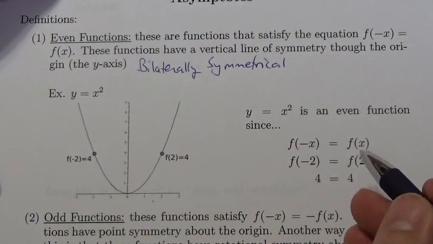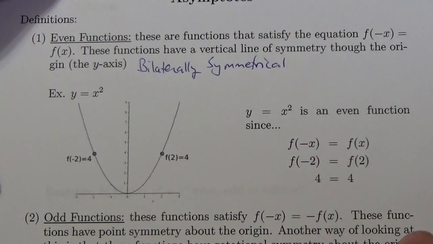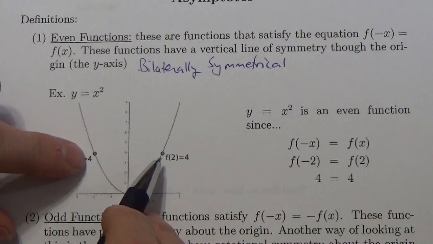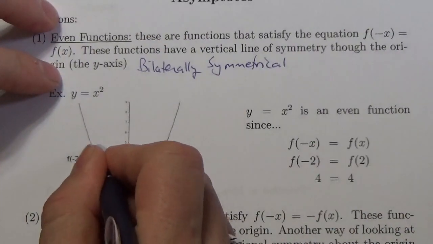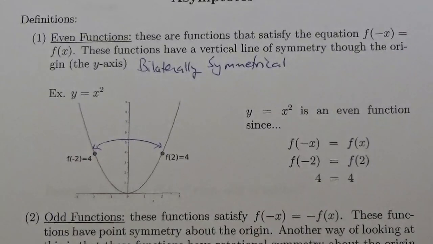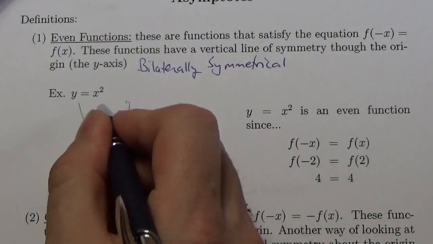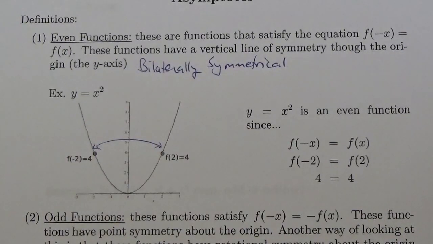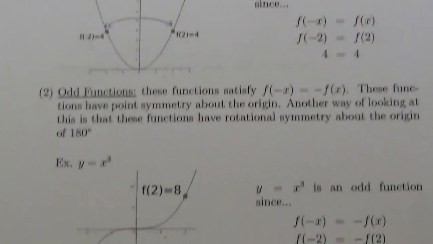Negative 2 squared is 4, and so is positive 2 squared. You see that on the graph here. This has caused a reflection, and these two points have just swapped locations. Even, in this case, because the exponent is even. We're going to comment on that a little bit more in just a bit. It's not the only thing you have to consider here, but it's a good indicator.